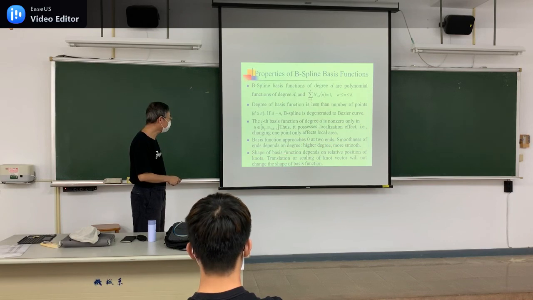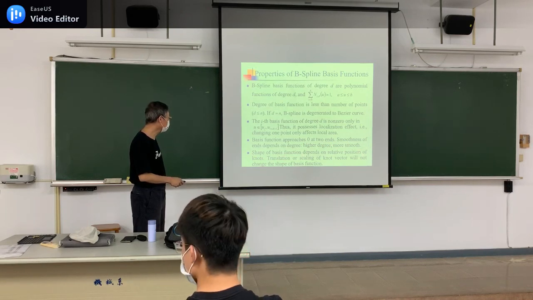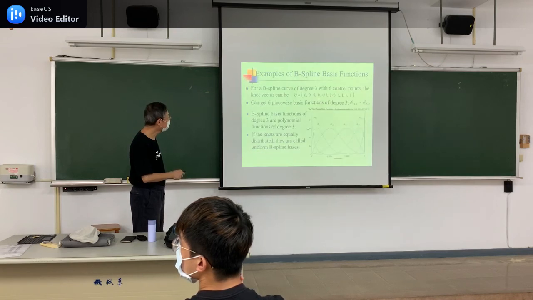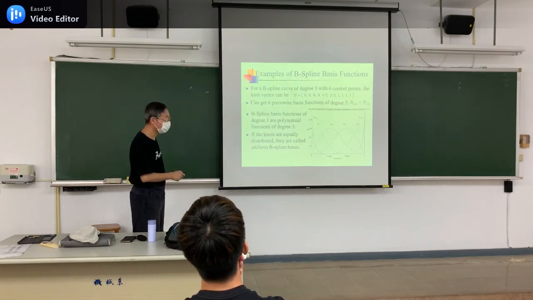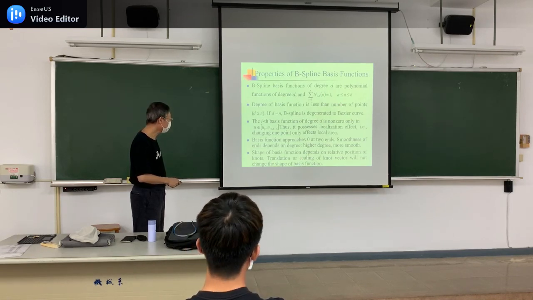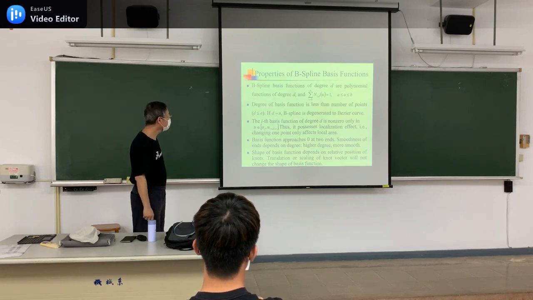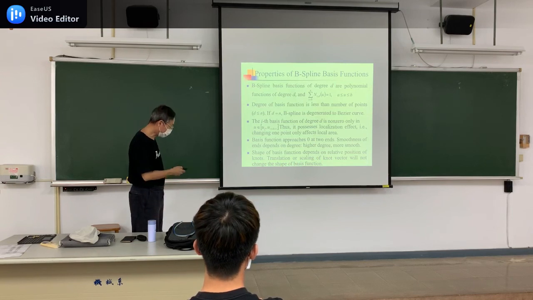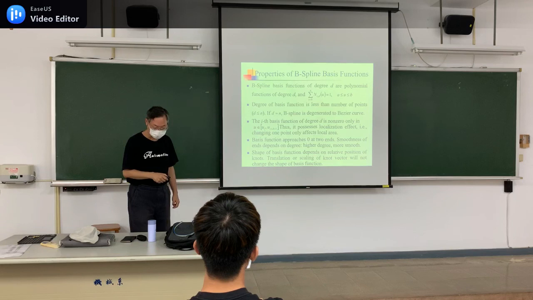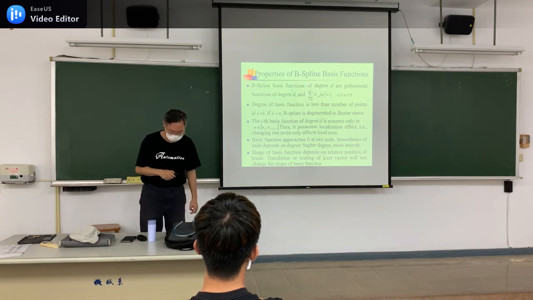The shape of the basis function depends on the relative position of the knots, which are the values we choose here. Translation or scaling of the knot vector will not change the shape of the basis function. We will talk about this later, on Wednesday or next week.